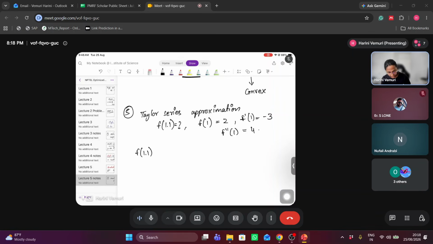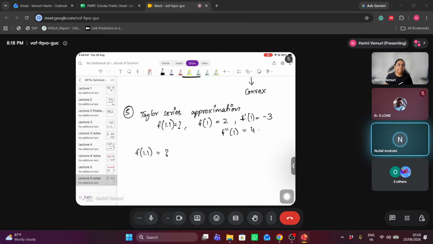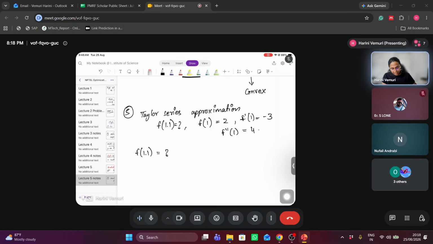Just wait for 1 minute. I'll give you 1 minute to think, because I have given all the values, right? You won't be having an equation. I just want the f of 1.1 value. How are you going to get it?